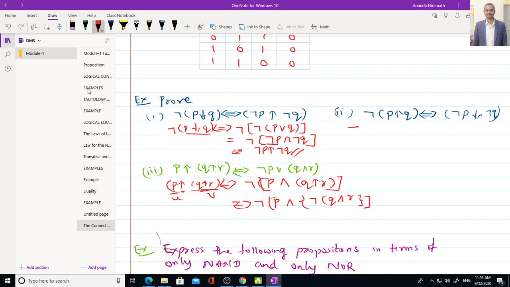Now we can distribute this negation of P, and instead of and it will be OR by using De Morgan's law. Now negation of this negation will be Q and R, this term as it is, because the negation of negation will be nullified and we will be left with Q and R, and this is the required result. This is RHS and hence proved.